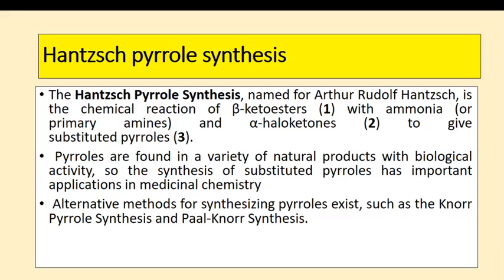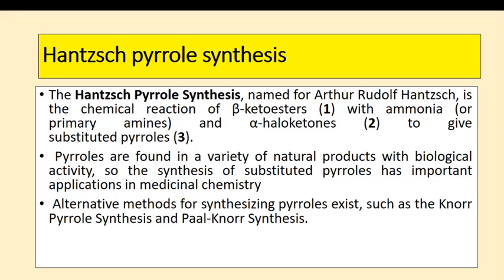This is a reaction in between these two reagents and alpha haloketones to give substituted pyrroles. And pyrroles are found in a variety of natural products with biological activity. So the synthesis of substituted pyrroles has important application in medicinal chemistry.